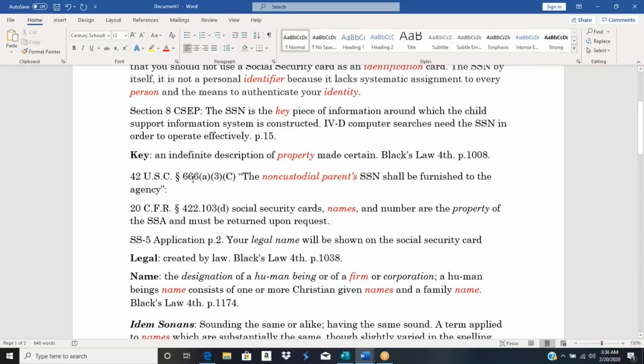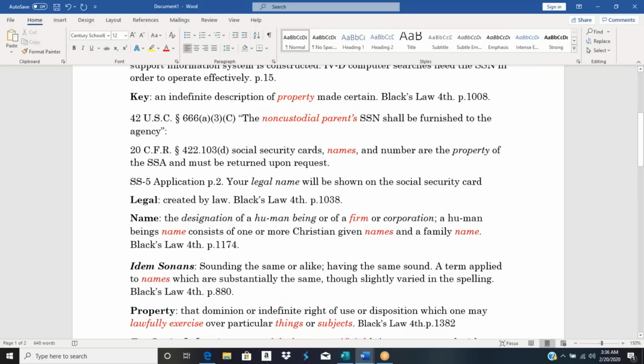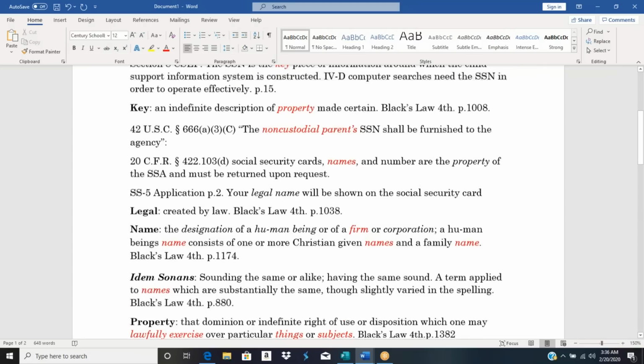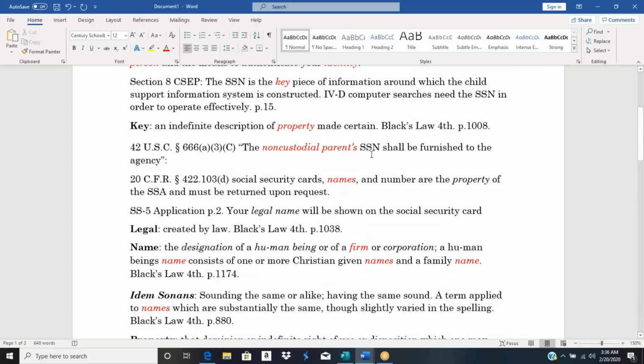42 USC 666(a)(3)(C): The non-custodial parent's Social Security number shall be furnished to the agency. So this is saying that the Social Security number belongs to the non-custodial parent. How could that be? Under 20 CFR 422.103(d), Social Security cards, names, and numbers are the property of the Social Security Administration and must be returned upon request.